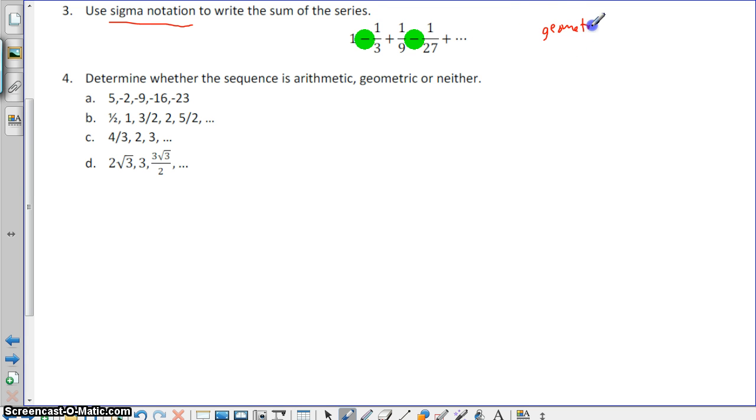Hopefully you can see that this is geometric, where the ratio is just 1/3. Now, that's not entirely correct, since it's going positive, negative, positive, negative. The ratio you're multiplying by is always going to be negative 1/3, because a negative times a negative becomes positive, times a negative is a negative, times a negative is a positive, and that would create an alternating sequence.